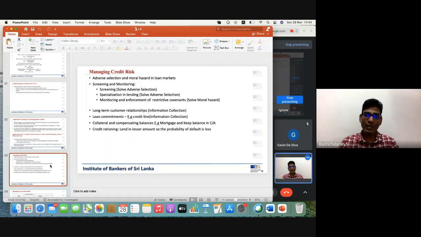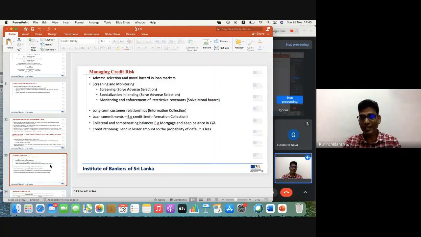And when you maintain a long-term customer relationship, you always collect information that gives you a wider picture of the customer's behavior, right? Also, some banks follow the strategy of giving loan commitments without disbursing: whenever you need, we will lend to you. When you give that kind of loan commitment, the customer is obliged to give you information.